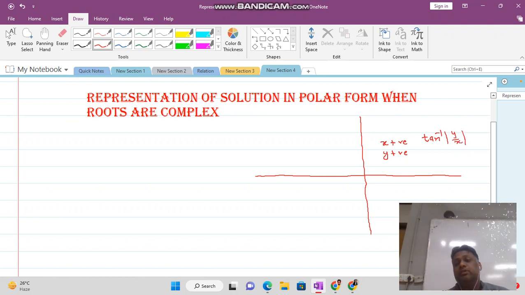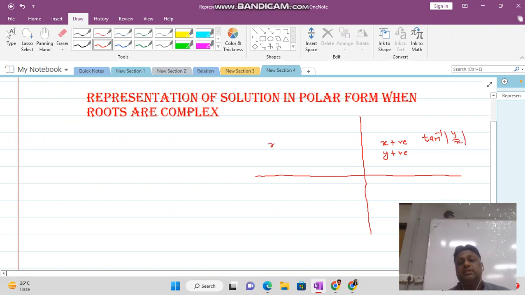But if x is negative and y is positive, then angle theta is given like this: pi minus tangent inverse mod y by x.